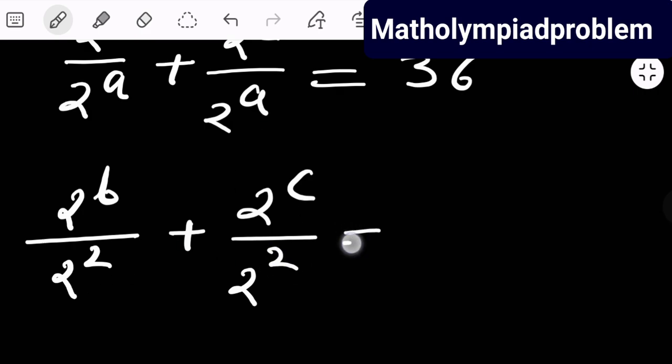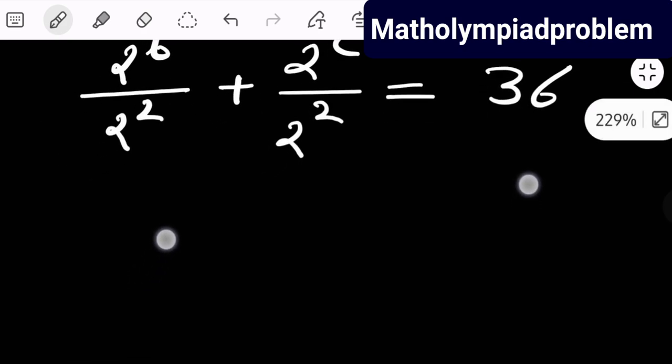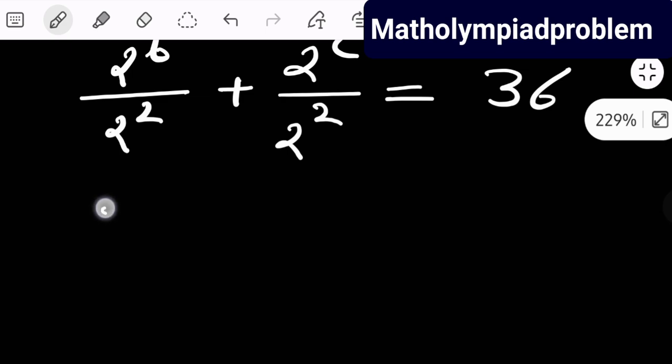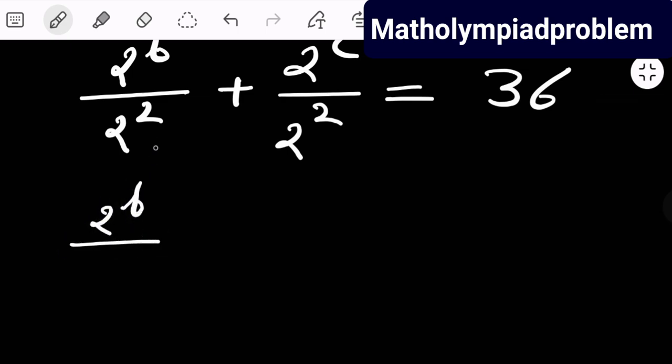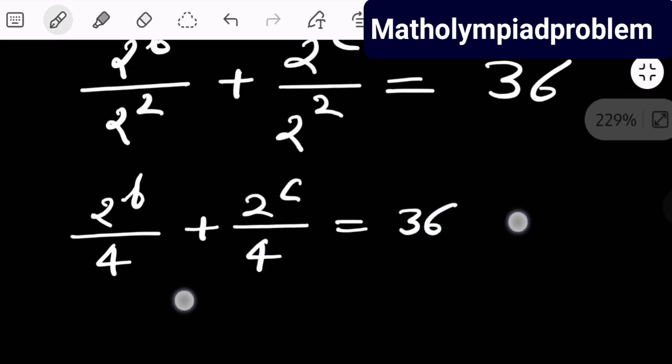Why? Because a is 2. Now we get this one. Understand? Now what we have? 2 raised to b, 2 square means 4, 2 raised to c, 2 square means 4, is equal to 36.